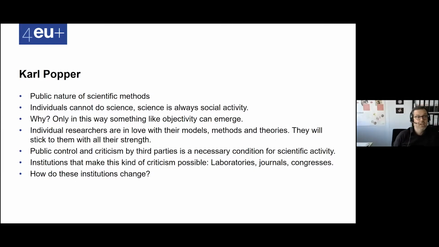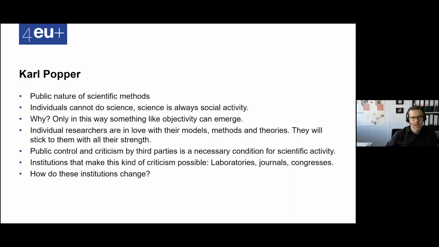And that is why, in order to have scientific processes, you need some kind of public control and criticism by third parties. This is a necessary condition for something to qualify as scientific. And because that is so important, Popper has it that you need institutions which make this kind of criticism possible.